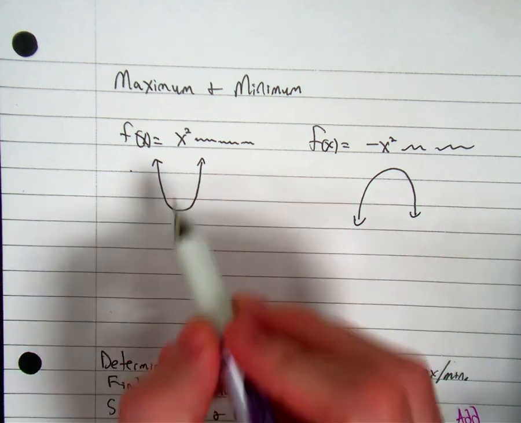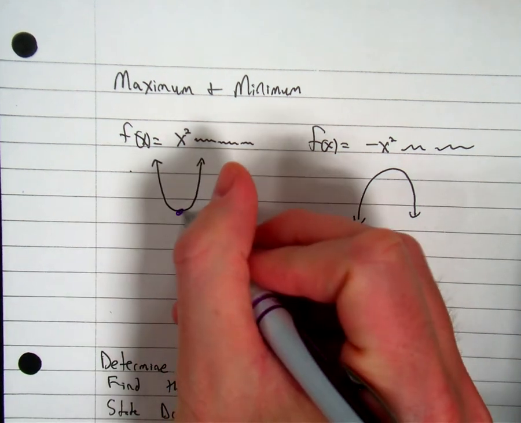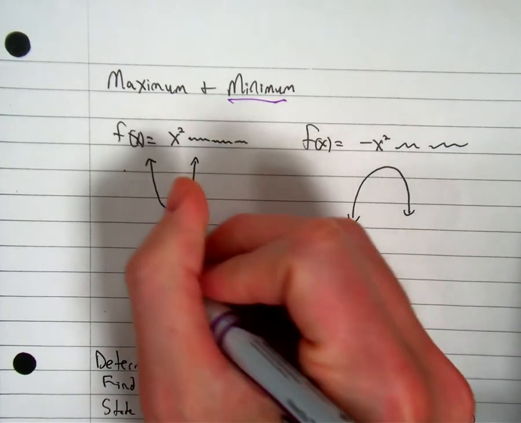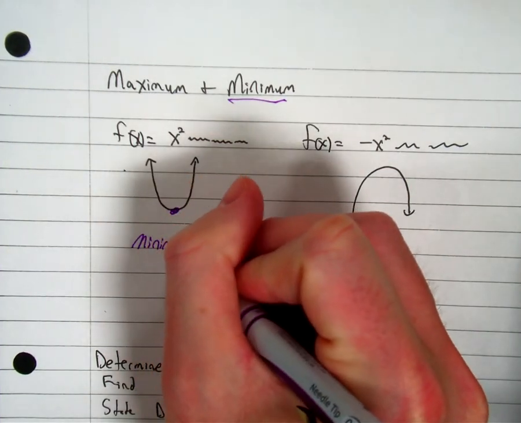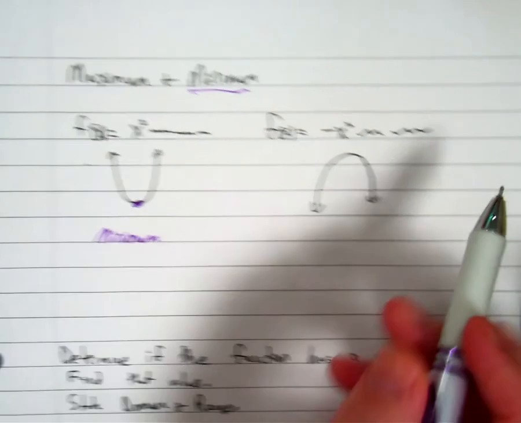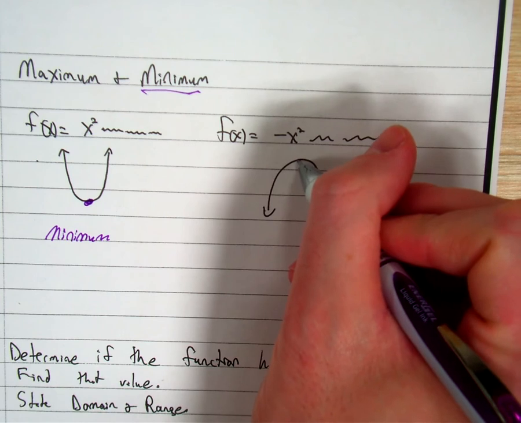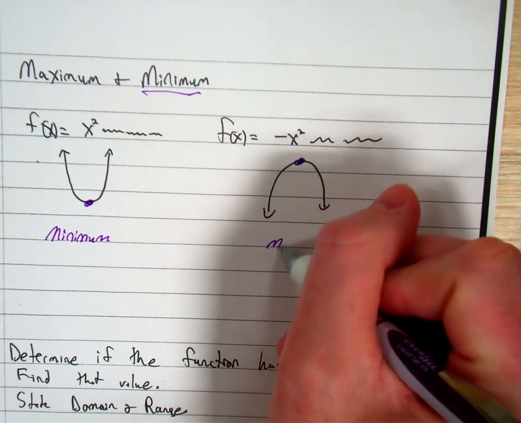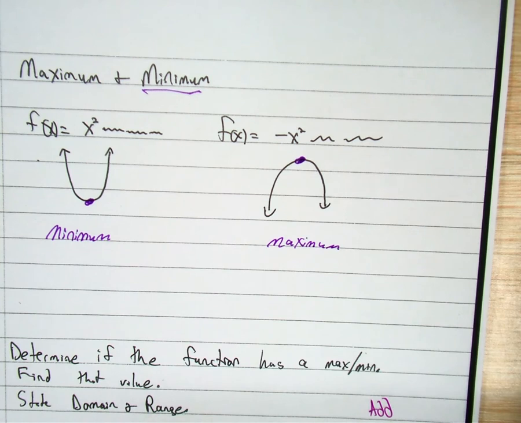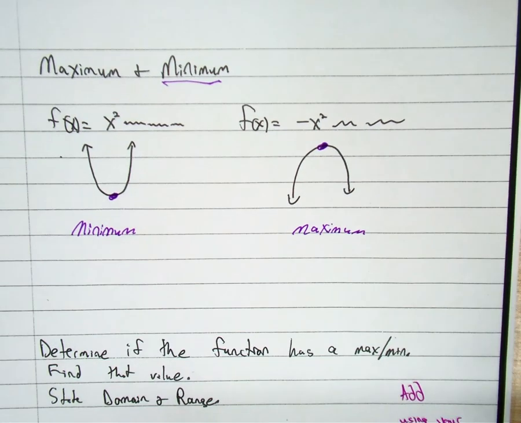All right, so if the arrows go up, my vertex would be the bottom, which would be the minimum point. If the arrows go down, my vertex is the top, and that would be the maximum or the highest that we get. Okay, so if they talk about minimum and maximum, it's exactly what you would think. Minimum is the lowest that it could be. Maximum is the highest that it ever gets.